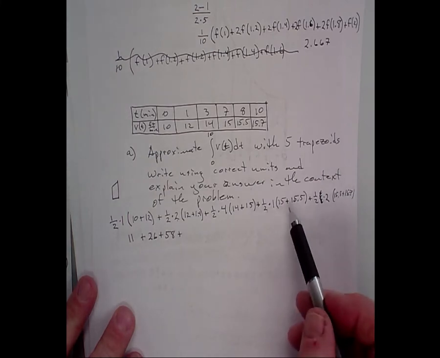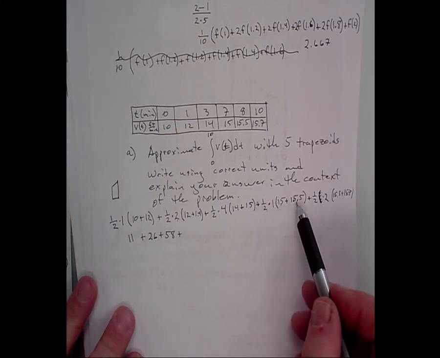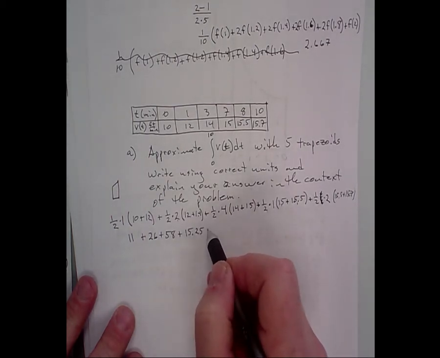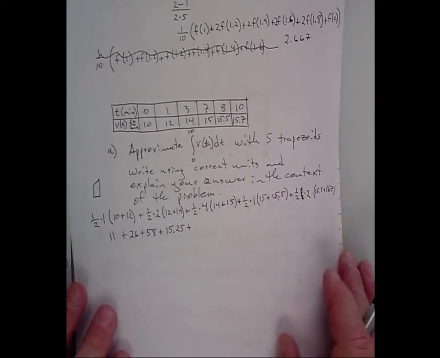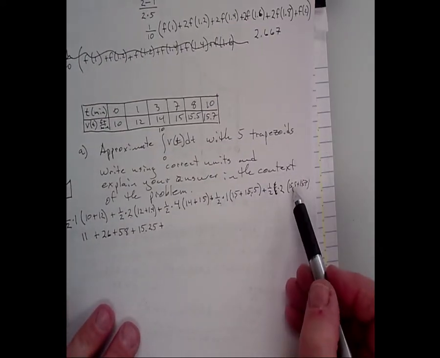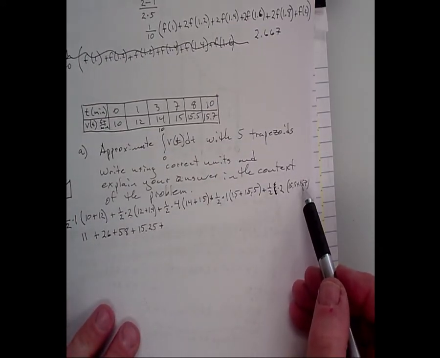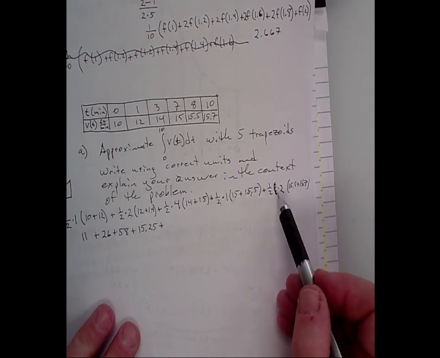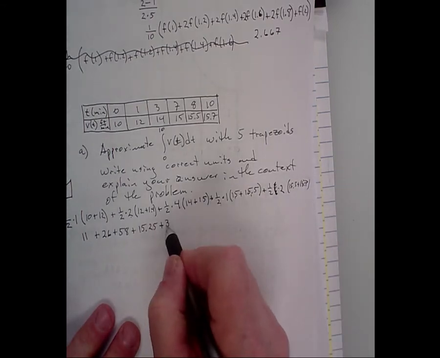Plus 15 plus 15.5 is 30.5. Half of that is 15.25. Plus 15.5 plus 15.7 is 31.2. This is 1, so it's 31.2.